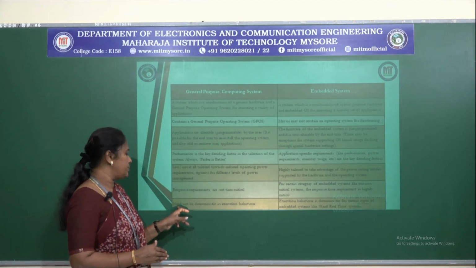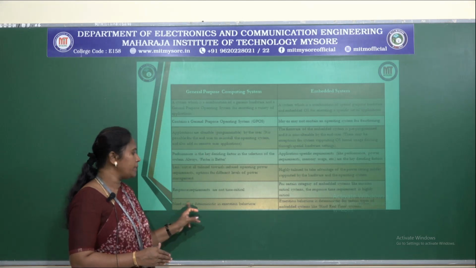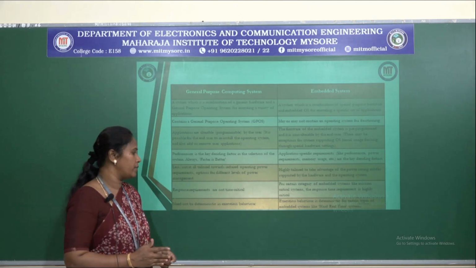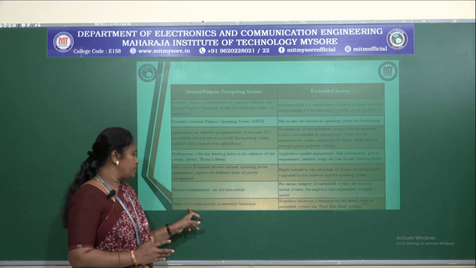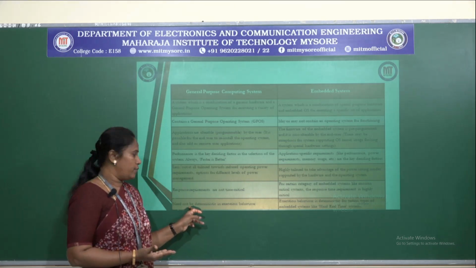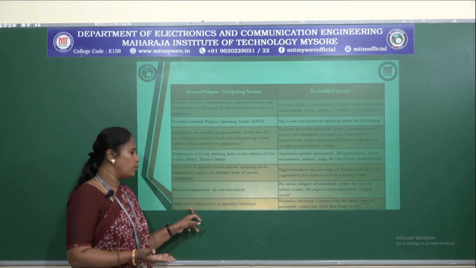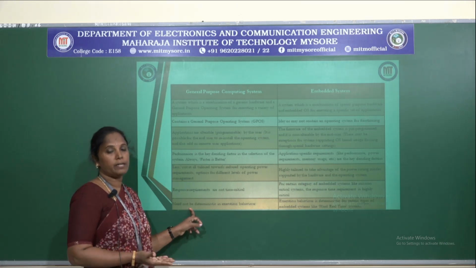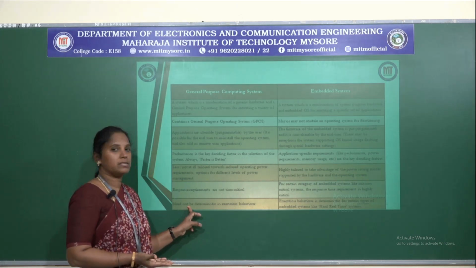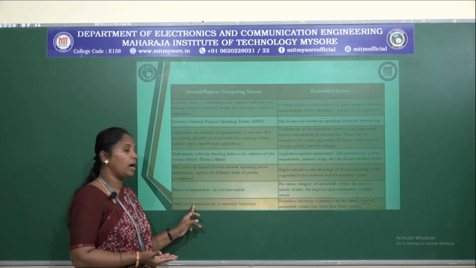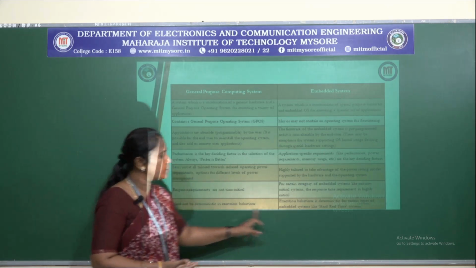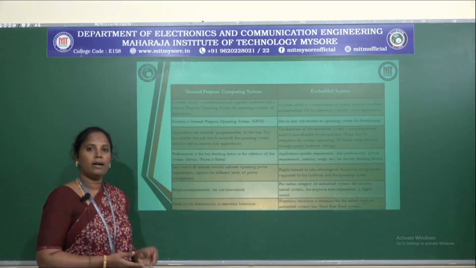Then the next criteria is that it need not be deterministic in execution behavior. That means for execution of any output, it could be non-deterministic. That means it is not hard real time bound. But in case of embedded system, it is hard real time bound.